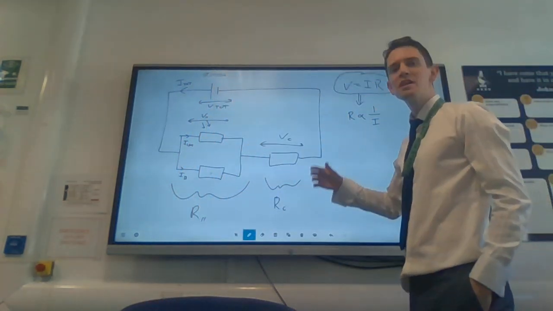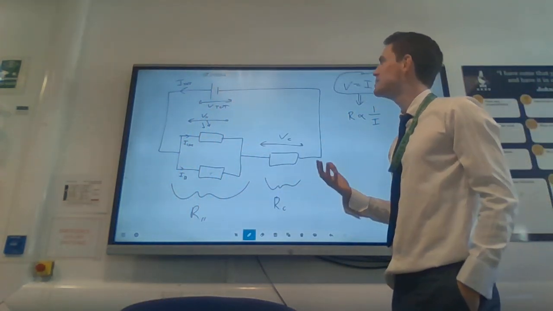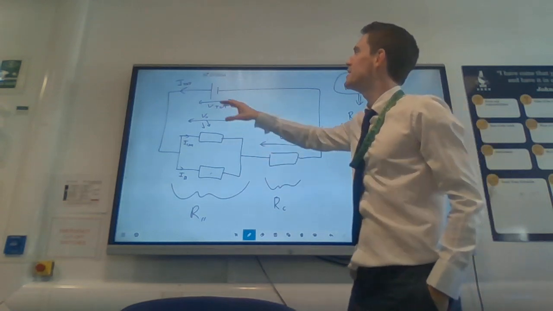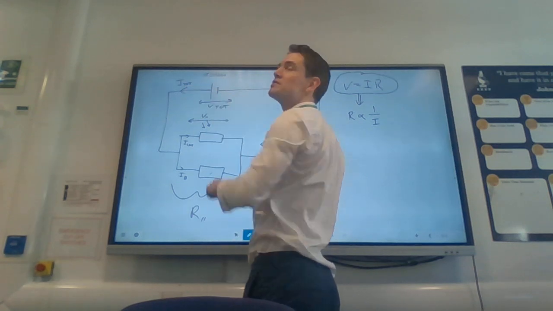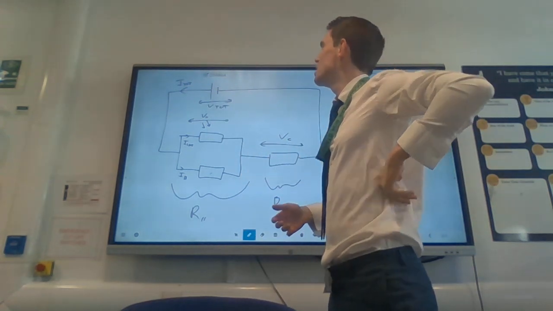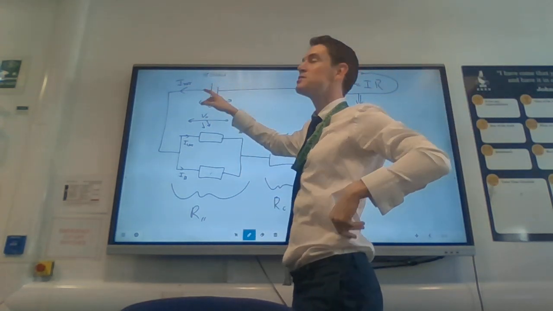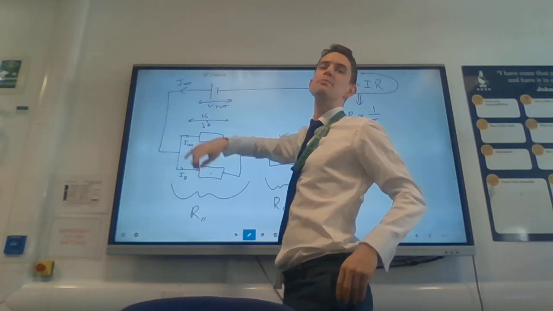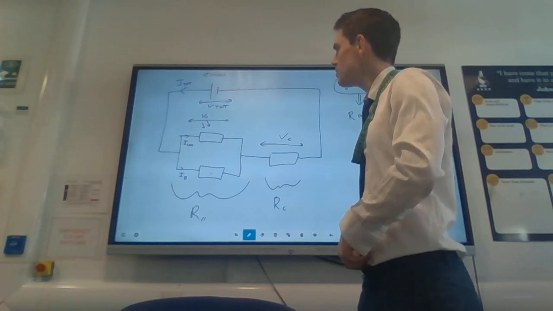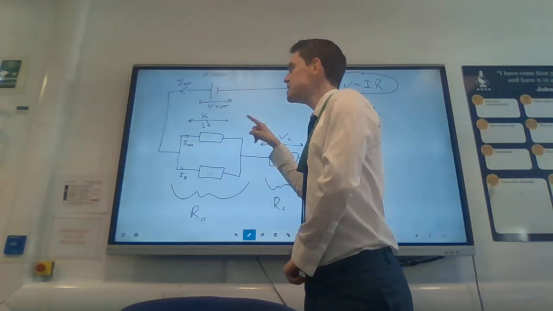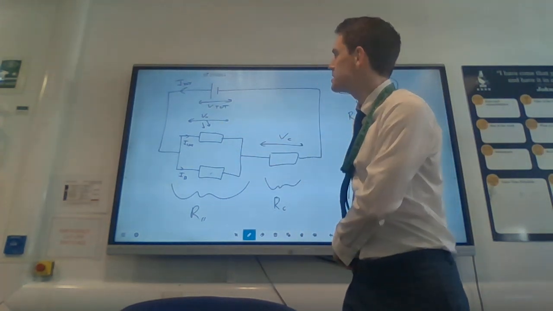Yeah, so think about the components and what the component is built to do. This is a cell, and it's built to have a potential difference across it, a fixed one. So, for example, 6 volts. So there will always be 6 volts across this. I mean, that's an idealization, but that's what we assume. Currents are always changing because they depend on voltage and resistance.